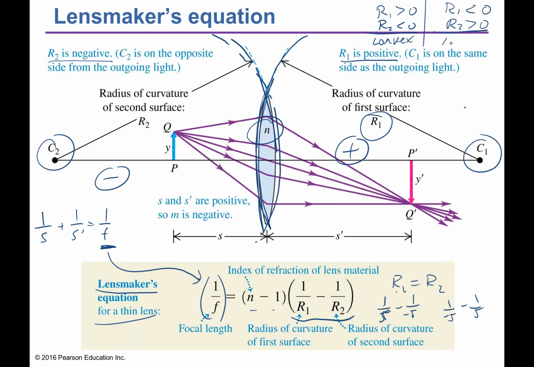So this is always a way of calculating 1 over f, the focal length, from the radii and the index of refraction of the glass. That means you have a different way of calculating the focal length.